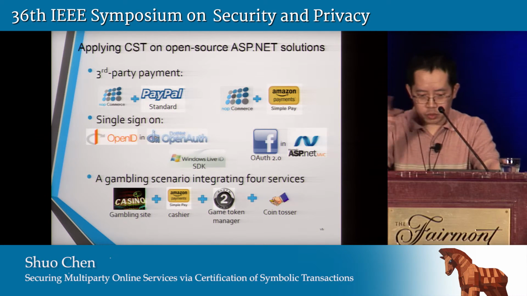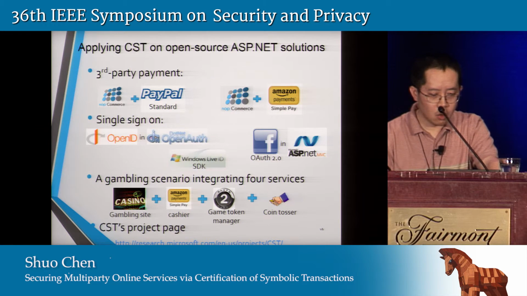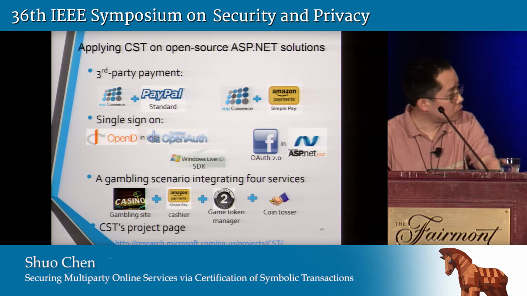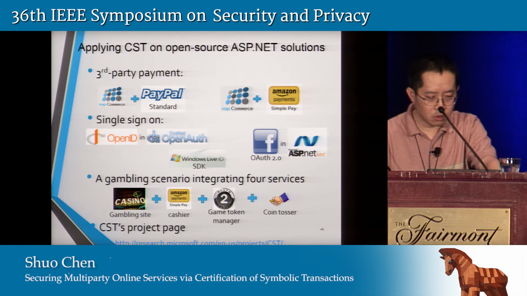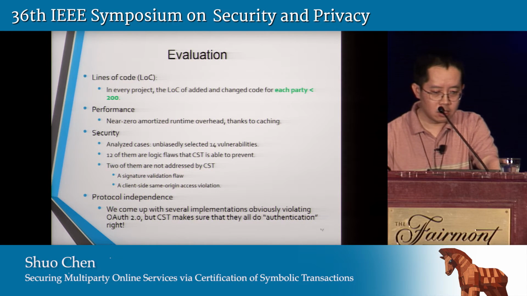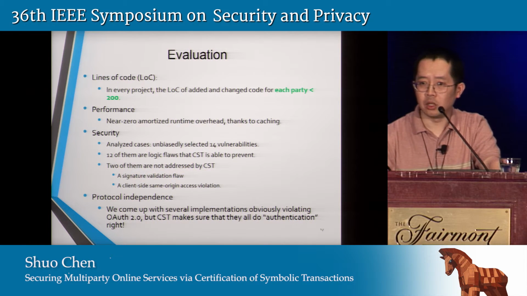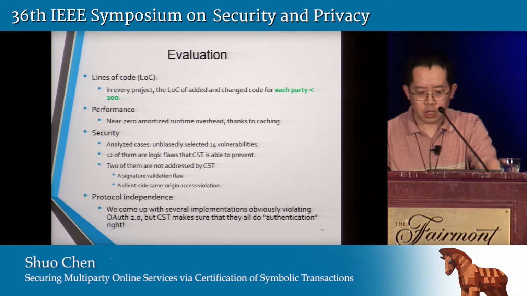So we put these 4 all together. All our systems are accessible through our project page. We measured the lines of code that we added or changed in this project, and the numbers are always below 200 lines of code for every party.